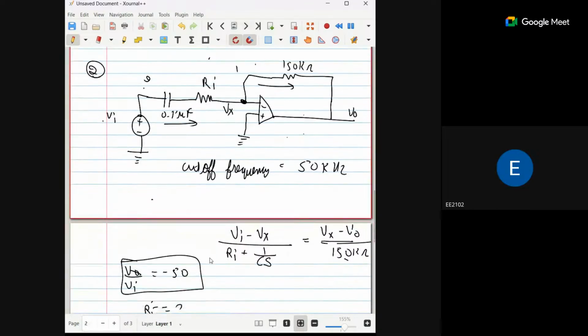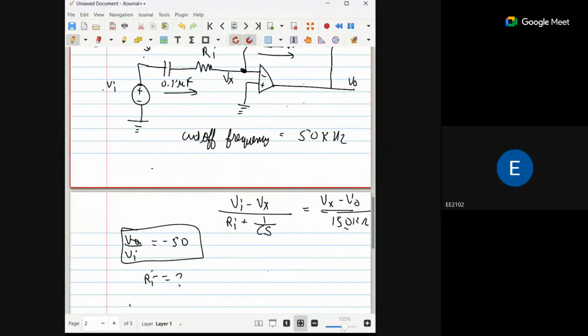Yes, and we know V naught upon Vi is -50. So change V naught with Vi.